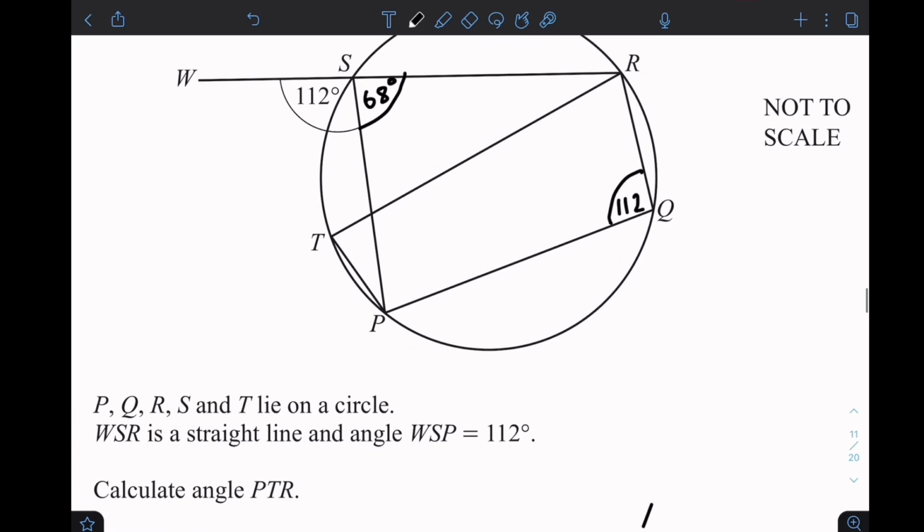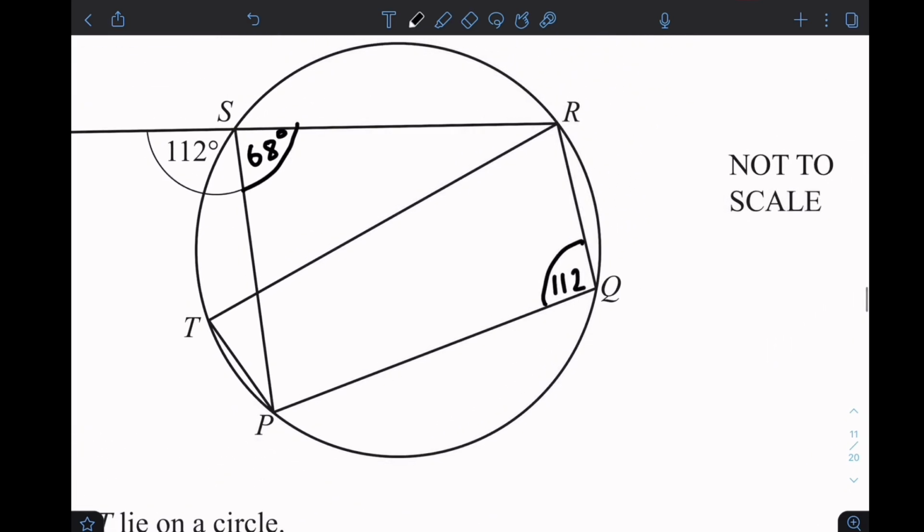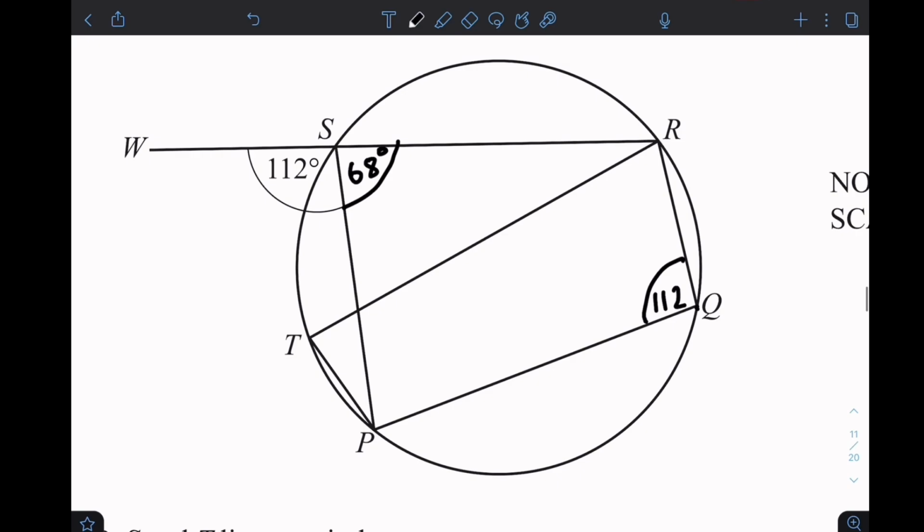So as you realized, this PSRQ, right? This is a cyclic quadrilateral because all corners are touching the circumference, which makes it a cyclic quadrilateral, and hence you know that opposite angles are supplementary.